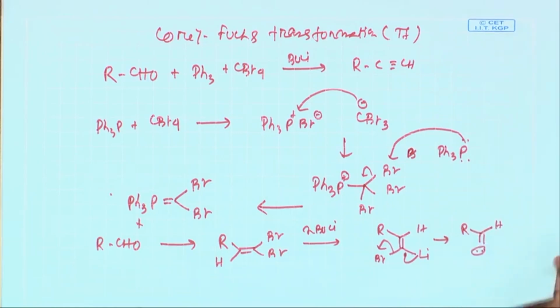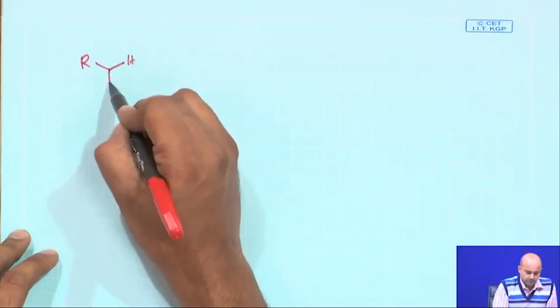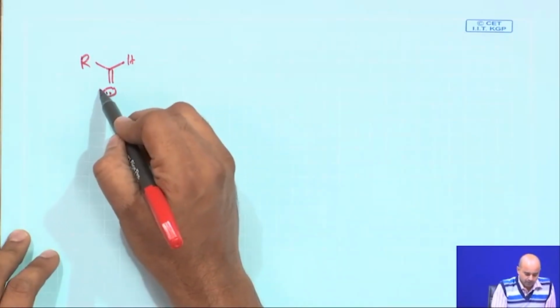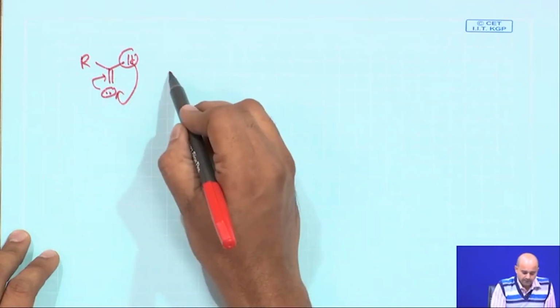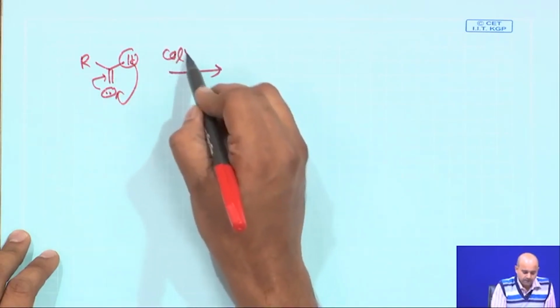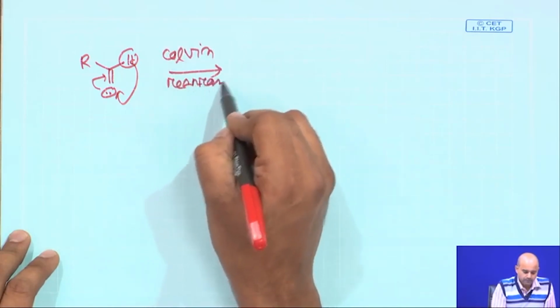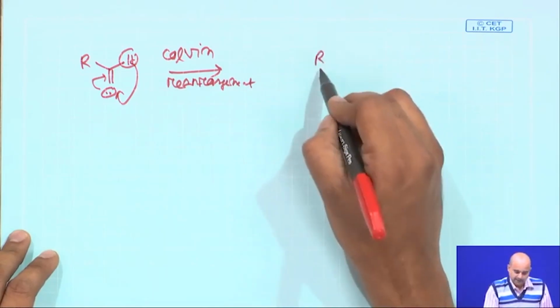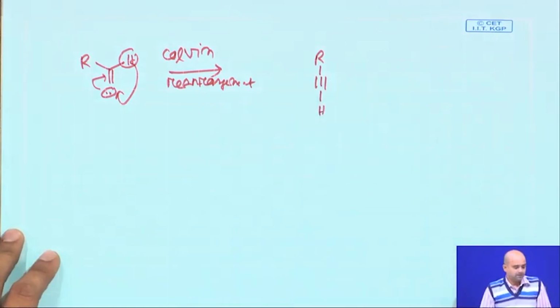Now, this carbenoid intermediate will undergo a rearrangement. I will draw this again. This intermediate tries to give a hydrogen migration, and this rearrangement is named the Colvin rearrangement, to give an alkyne, which was the main reaction.